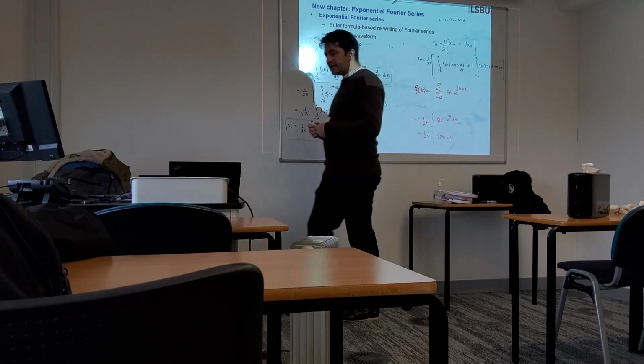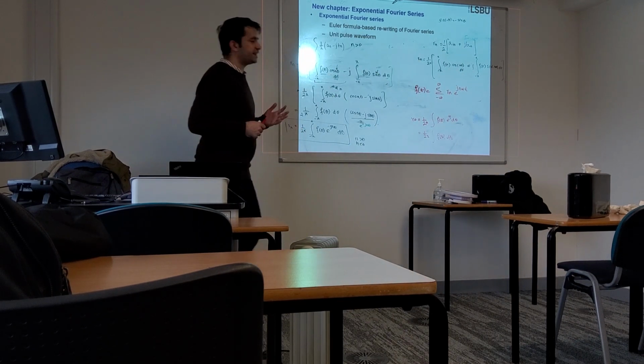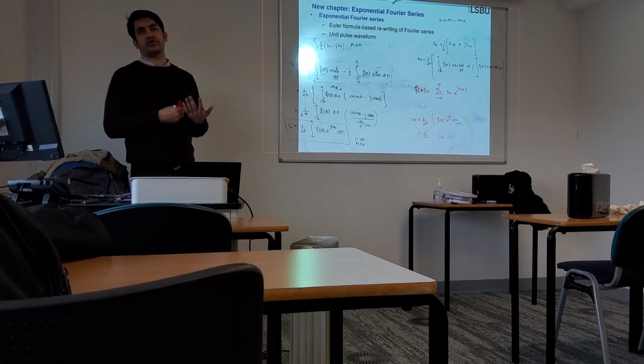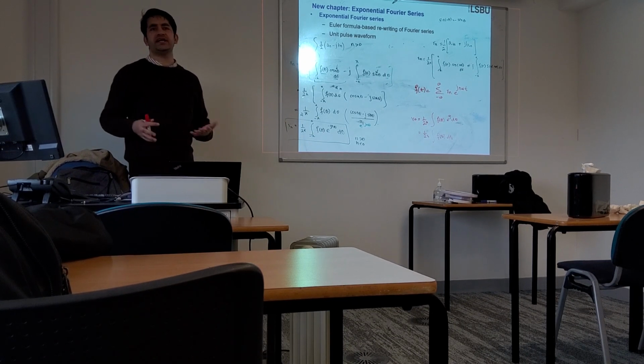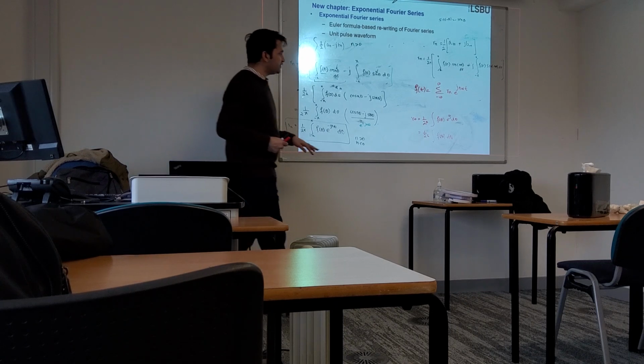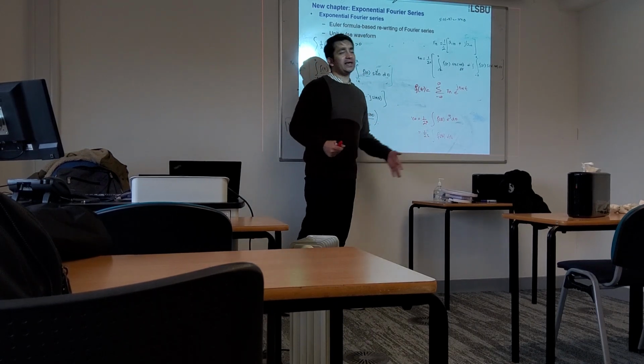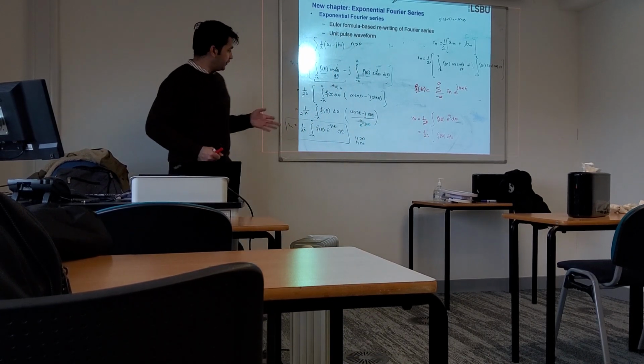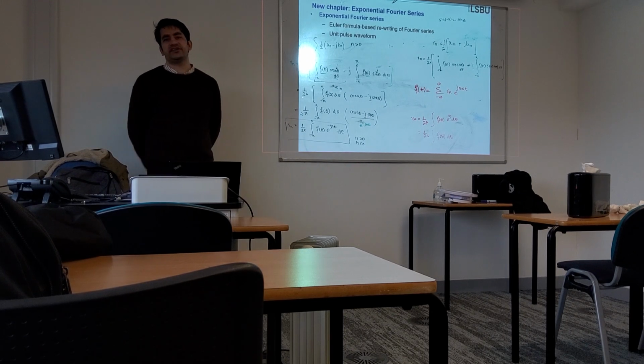So it means that r naught is same as a naught, which was for the Fourier series. That's why we don't need an extra formula. So r naught will be calculated with the same formula that we used for a naught, whereas Rn will be calculated with this formula.